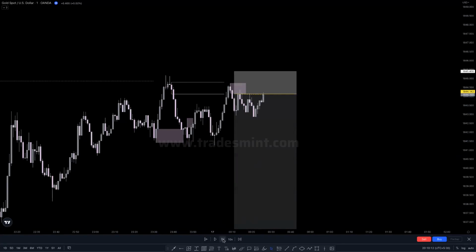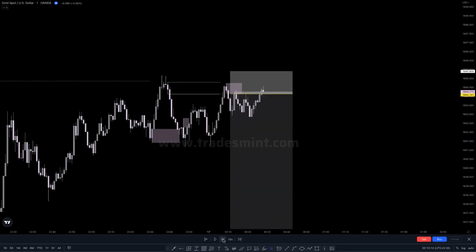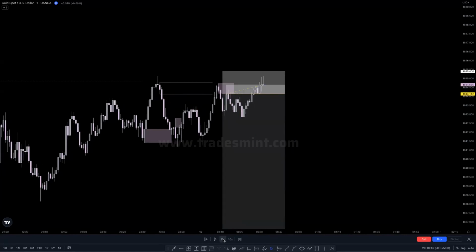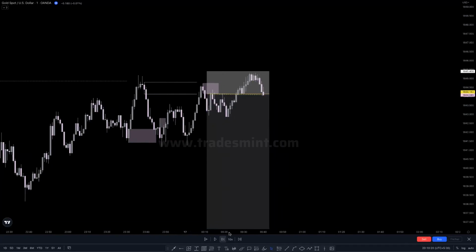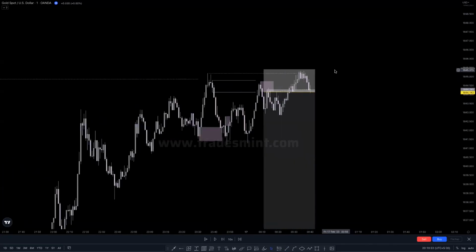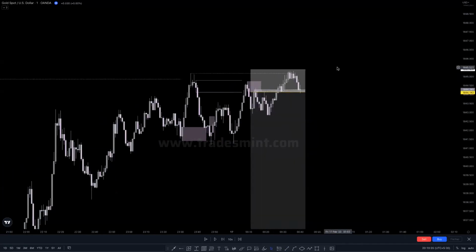Let's see. And mark this one, previous low, which one is here, right? And this high is taken out, right? So in this case, what happened here?